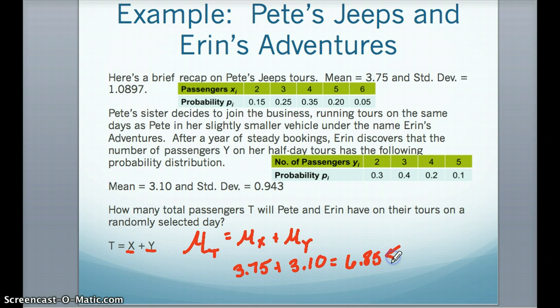What this mean is representing is their average passengers per day together. So Erin and Pete together average 6.85 passengers per day.